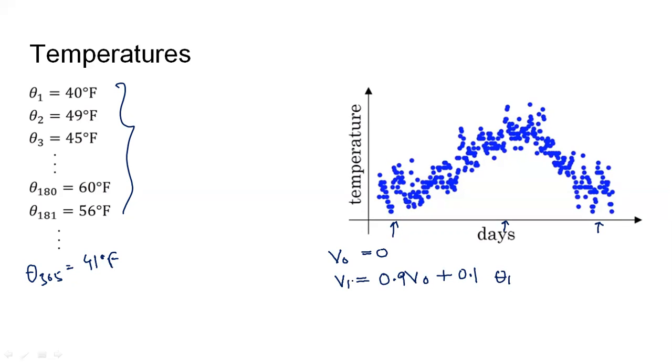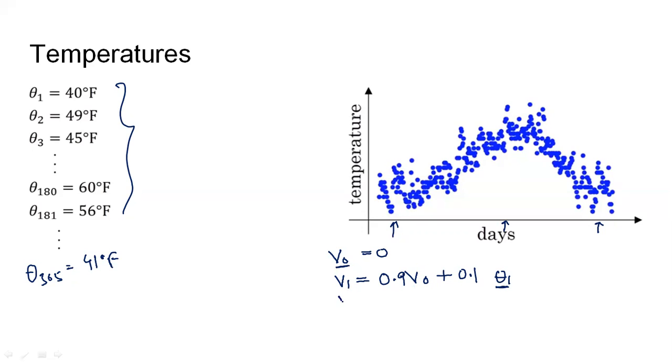So the average V1 would be equal to 0.9 times the previous average, that is V0, plus 0.1 times the current day's temperature, that is theta 1.